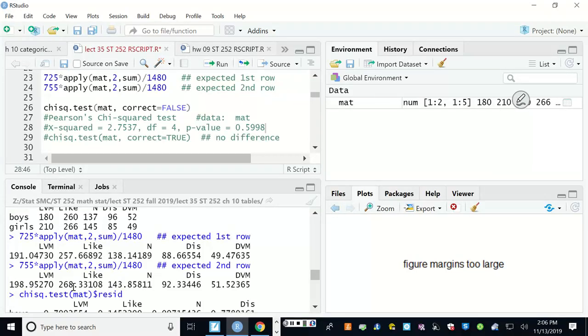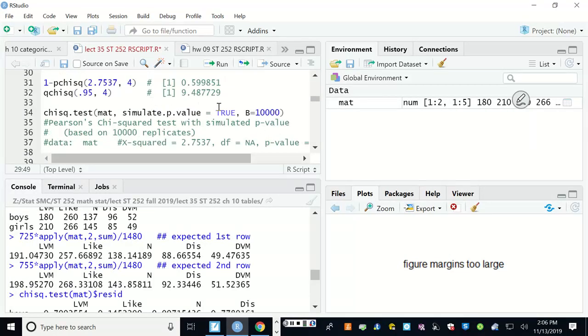They differ by 10 or even a little bit more, but relative to the count that's in there, it's not a big deal. They're pretty consistent. When we look at the proportions, they were within 1% of each other generally, or a couple percent. So we do not reject independence. The boys and girls might have the same opinions about these ads.